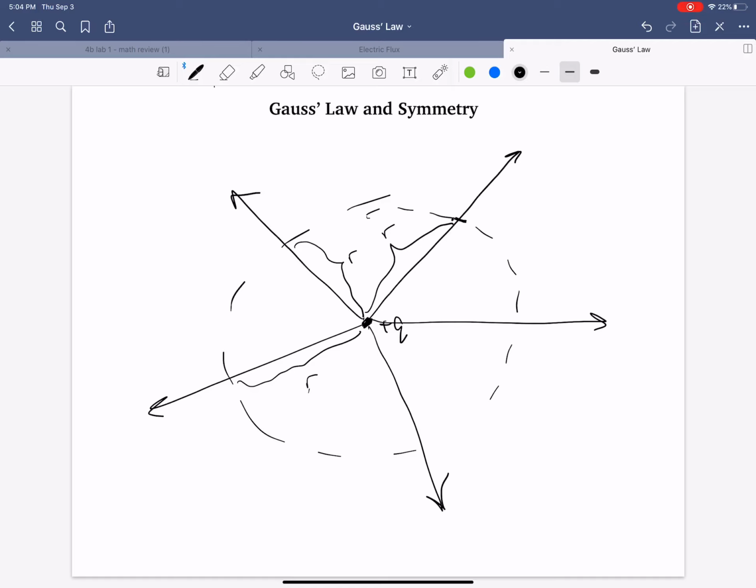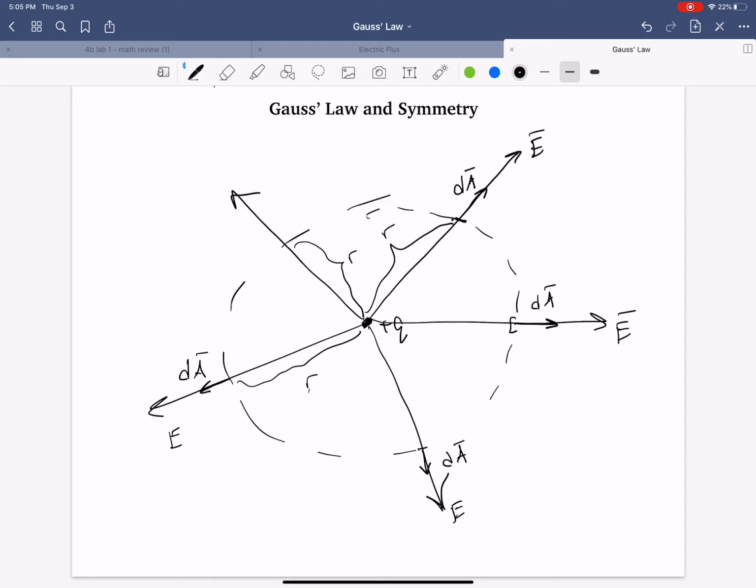And so this dA is now in the exact same direction as the electric field. Same thing on the right, right? That dA vector is now in the same direction as E. The same thing happens down here. It happens for all points on this Gaussian sphere.